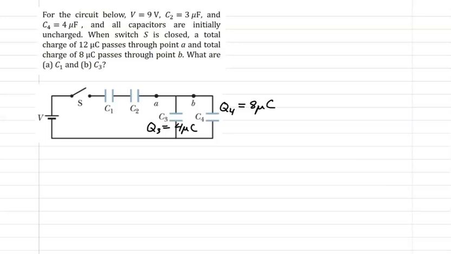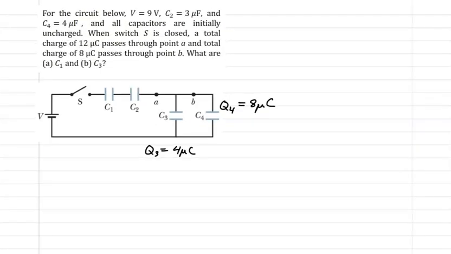So let's just recall some of the things about capacitors that we'll be using. First, the main equation is the capacitor equation, and that's given by C equals Q over V. V is the change in potential across the capacitor, and Q is the charge on the capacitor.